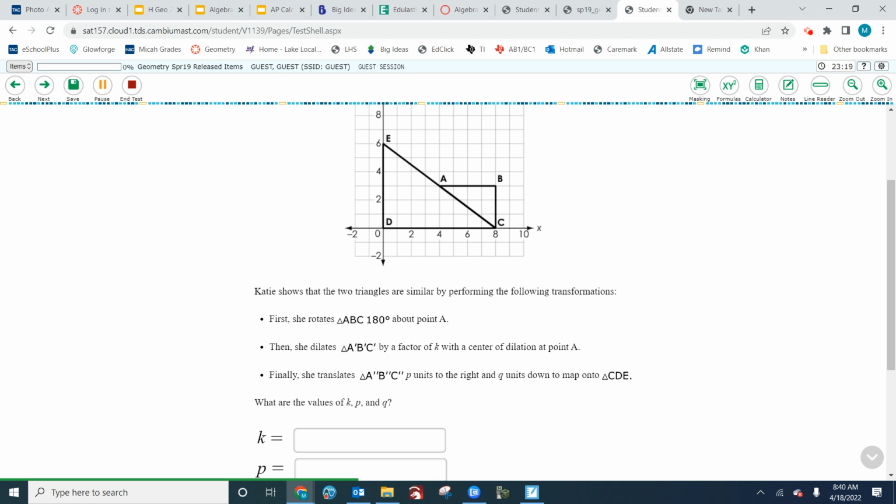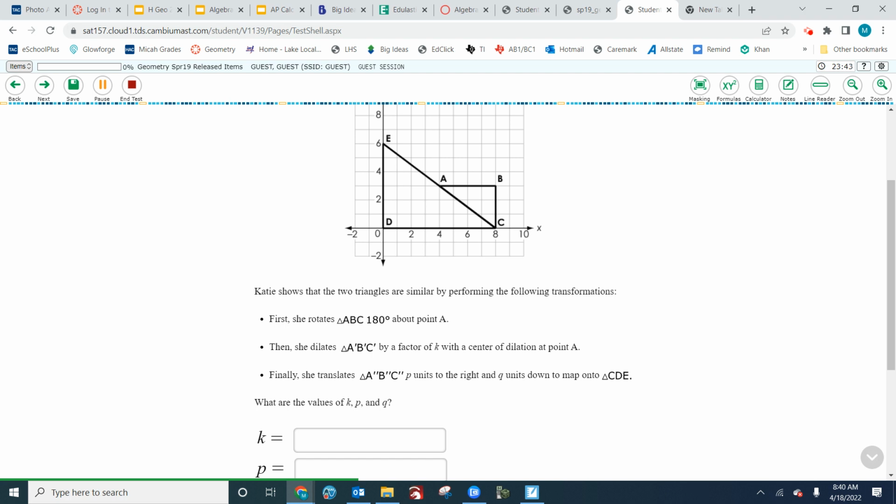A needs to turn into what letter in the big triangle? C. You all agree? Is that how you did it, Levi? You went from A to C. We needed to go over 1, 2, 3, 4. 4 units to the right. P is 4. And Q units down. Well, if it went over 4, now it needs to go down 1, 2, 3 to end up on C.